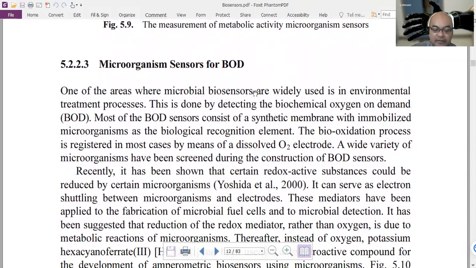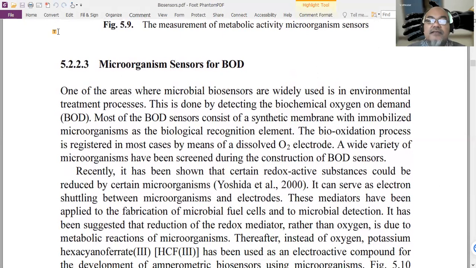So here, one of the uses is the BOD sensor, biochemical oxygen demand. Maybe you have heard of this.